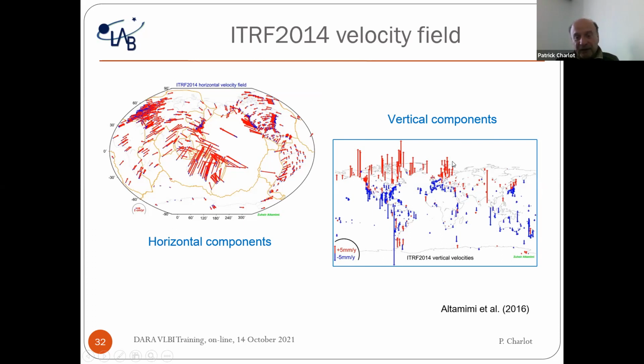So this is not a modeling. This is the measurement resulting from the observation, and the scale is 5 millimeters per year. So you see that you can have motion up to 1 centimeter. On the other hand, if you are in some other part of the globe, then you do not have much motion.